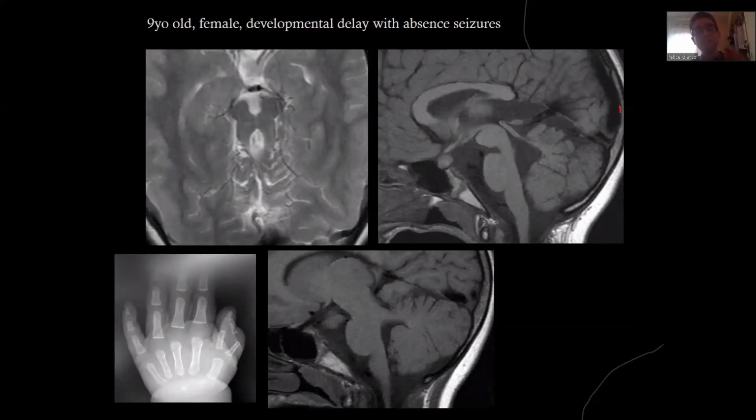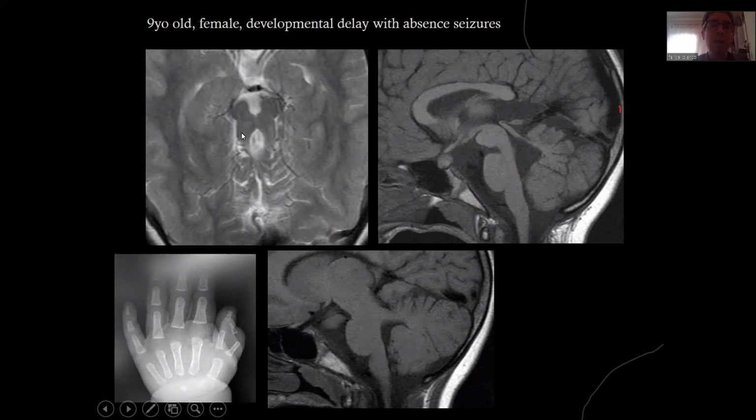So first of all, let's focus only on this part of the picture, this axial and this sagittal. You have this strange shape of the midbrain, and the thickening and horizontal course of the superior cerebellar peduncle. Okay?